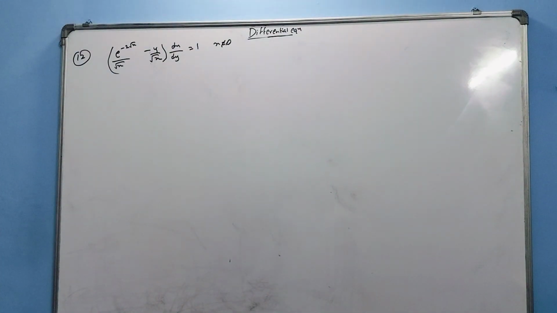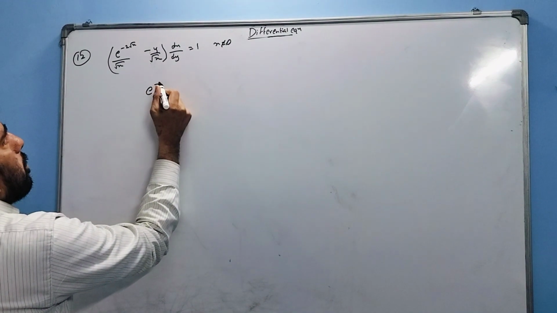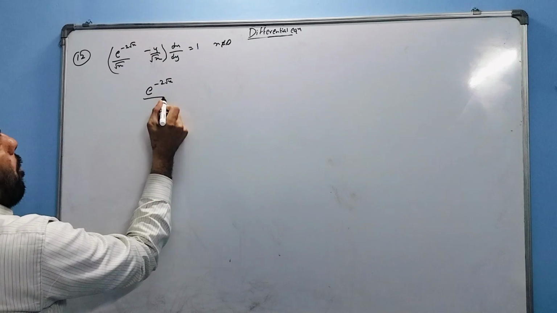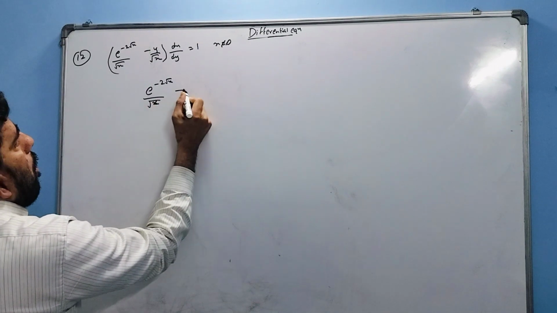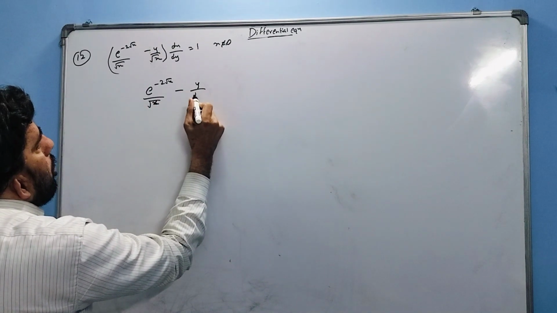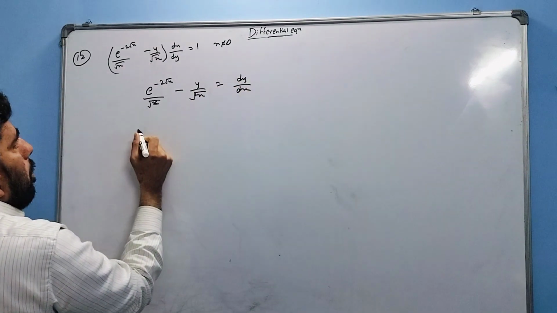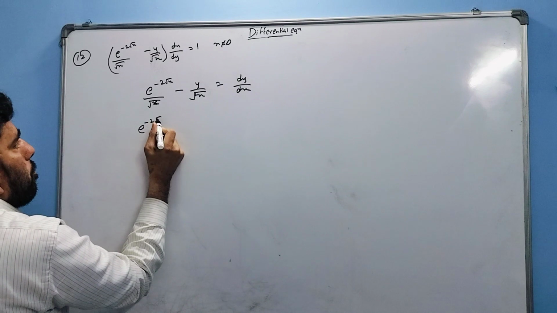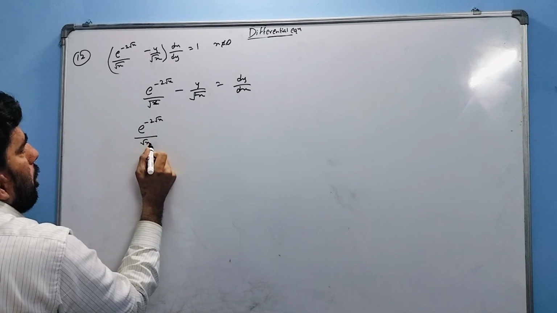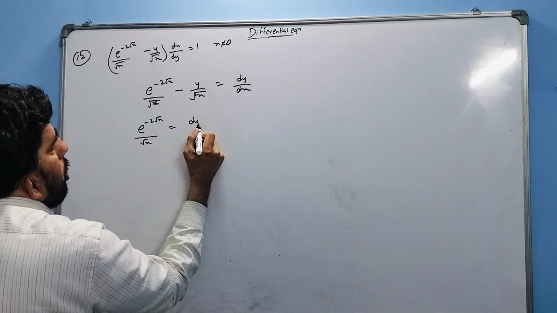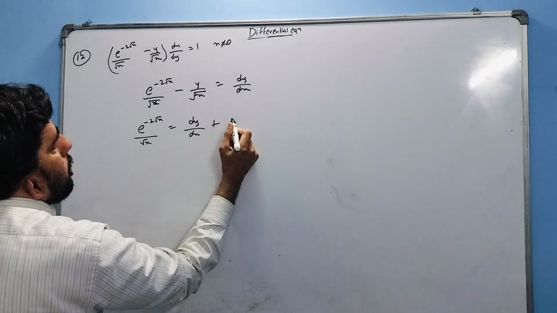Now we'll try to sort out this differential equation in a very simple way. dy upon dx plus y upon root x is equal to e raised to the power minus 2 root x upon root x.